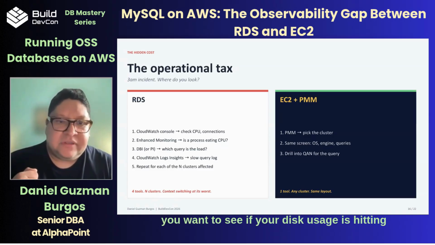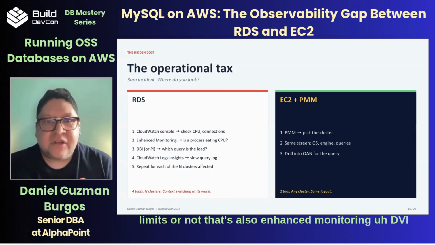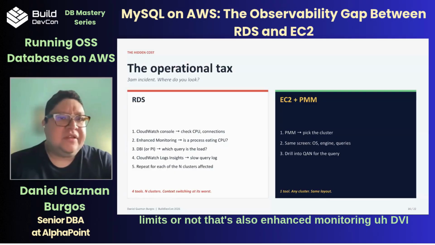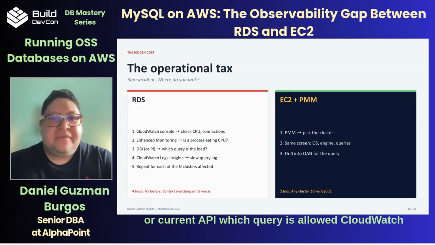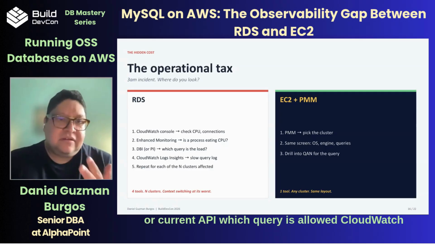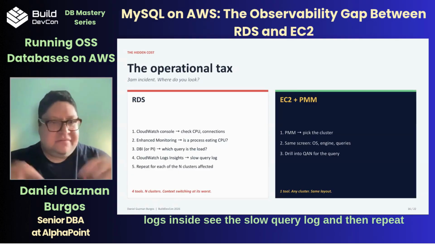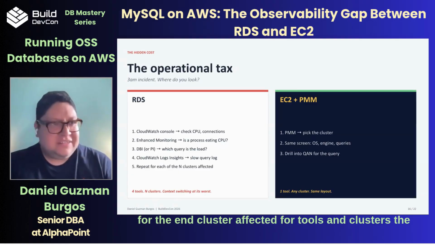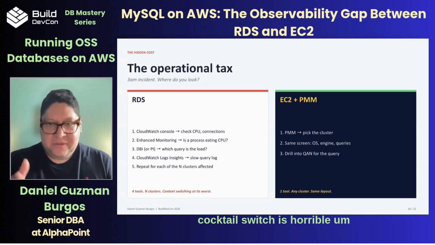You want to see if your disk usage is hitting limits or not. That's also enhanced monitoring. Then Performance Insights, or currently PI, to see which query is slow. CloudWatch Logs Insights to see the query log, and then repeat for every cluster affected. For tools and clusters, the context switch is horrible.